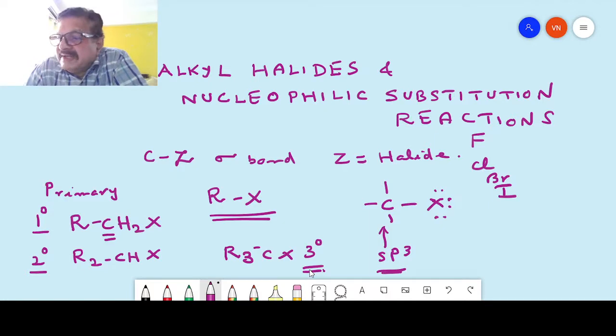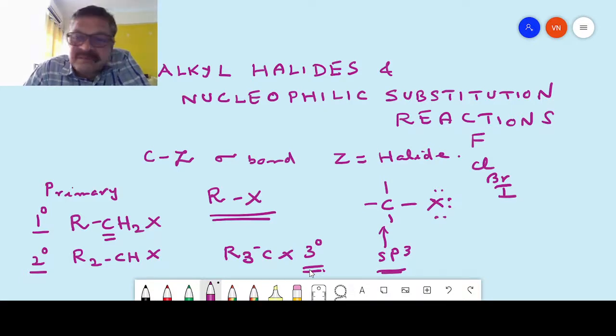It depends upon the number of carbon atoms bonded to the carbon with the halogen atom.